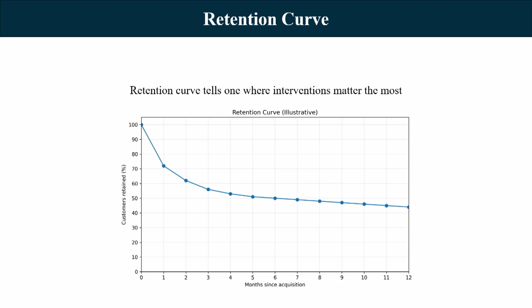But as the relationship with the brand gets reinforced over a period of time, the customers tend to stay loyal with the brand, and that is why there is a sharp decline during the introduction phase, but later on there is lesser decline. There will be some declination, but not sharp declination, right.